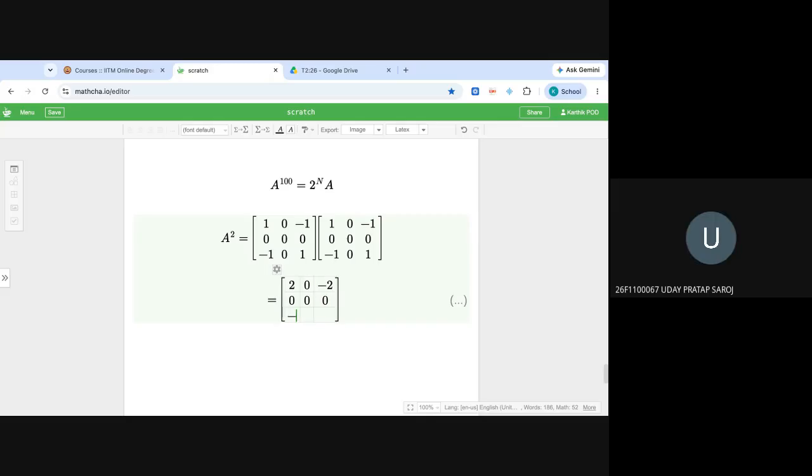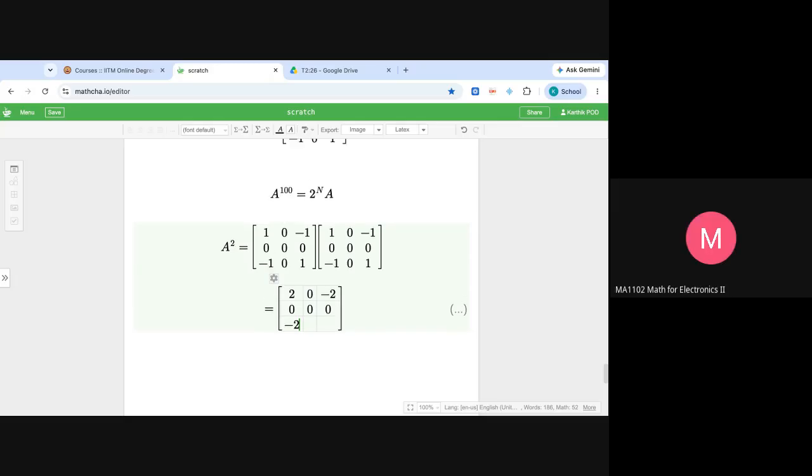You are multiplying the two, right? Yes, so just A square. So this is again 0, this is again 0, and this is 2. That is A square.